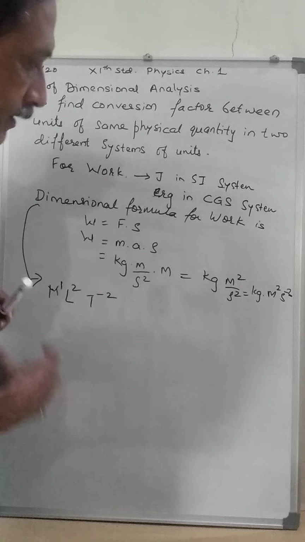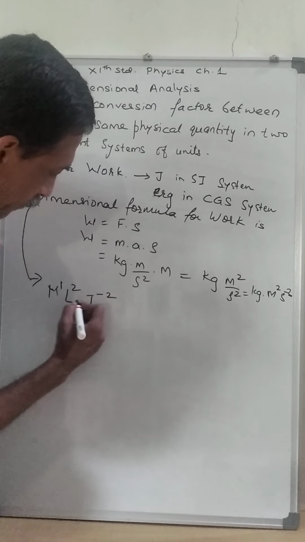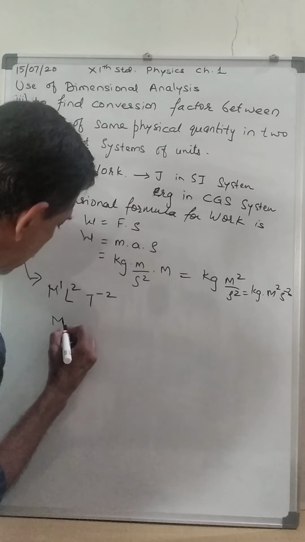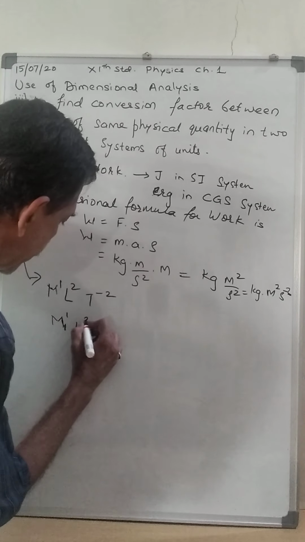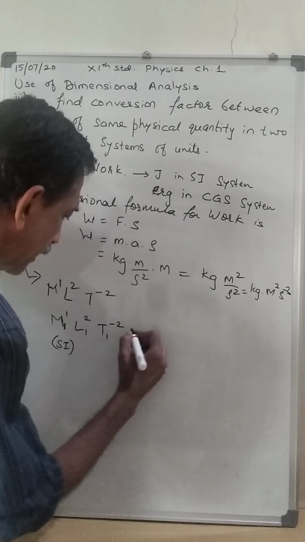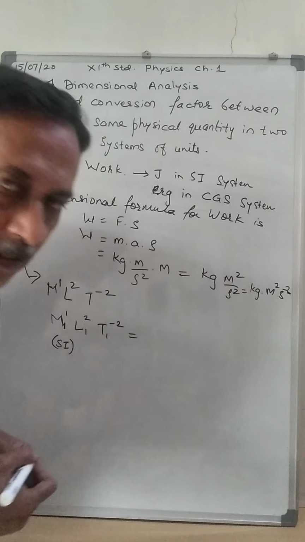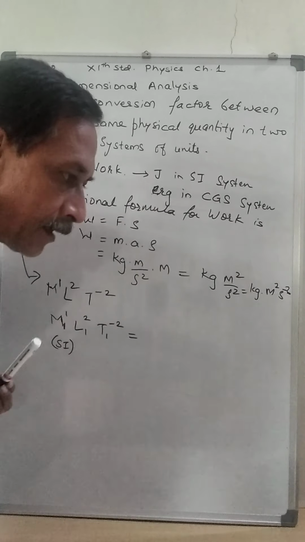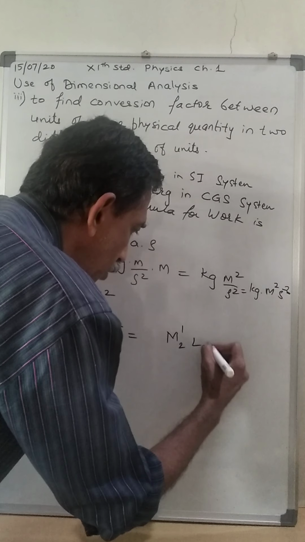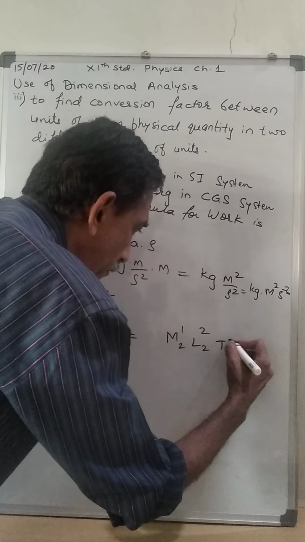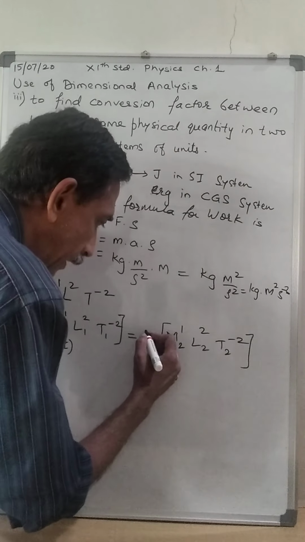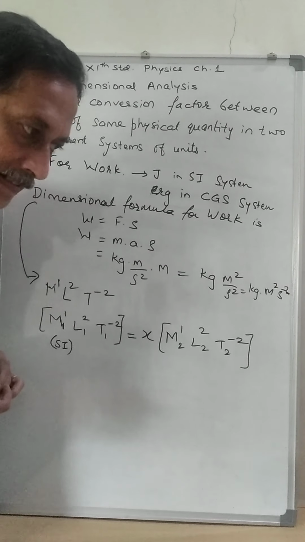Now for SI and CGS we can take this as M1 L1 T1 and M2 L2 T2. So we get M1 raised to 1, L1 raised to 2, T1 raised to minus 2 in SI, and this will be equal to M2 1, L2 2, T2 minus 2 in CGS. We don't know the relation between the two, but the dimensions will be the same.